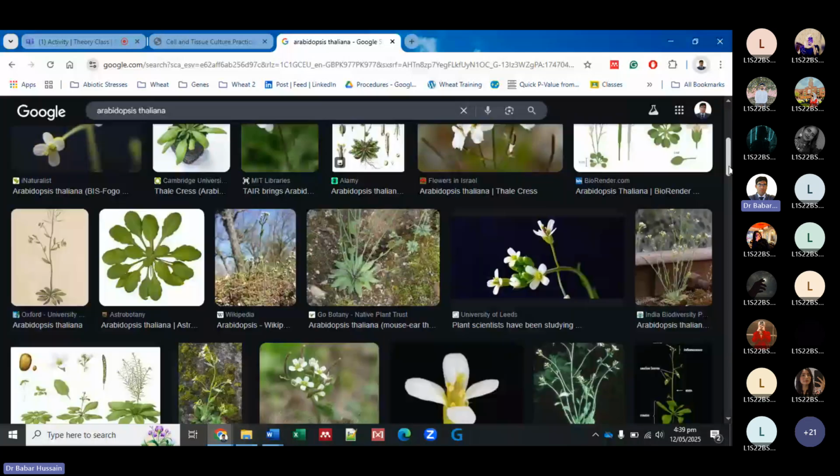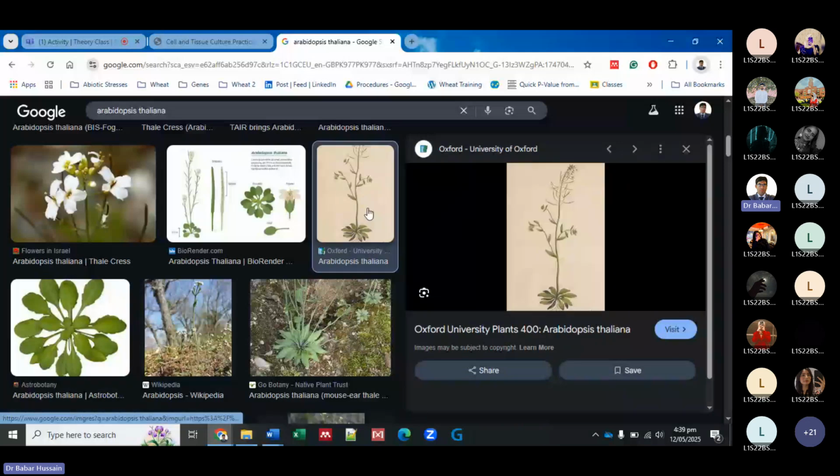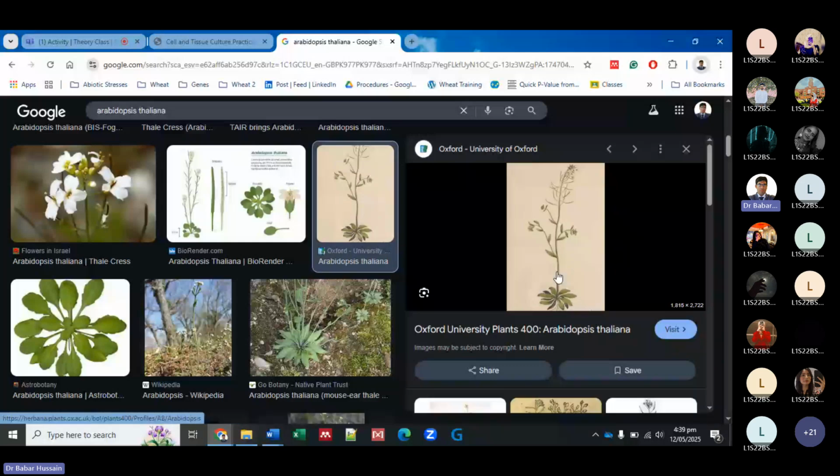So when this plant germinates, it makes a rosette. Its leaves look like rose petals. They are arranged in a pattern. So afterwards, from these leaves, a stem-like structure originates, and it has very small branches.